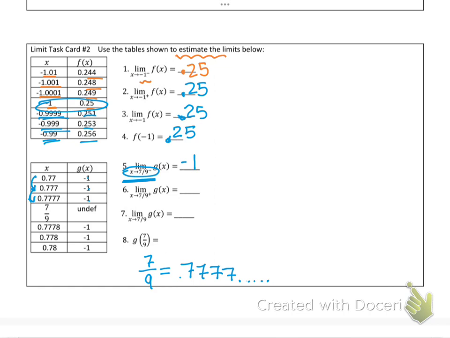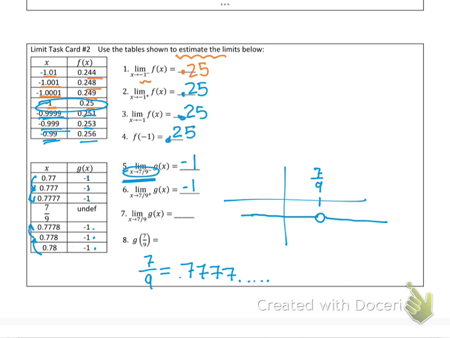From the right-hand side, same thing is happening. As we approach 7/9 from the right-hand side, our y values are still approaching -1. So kind of what this graph might look like is we would have the input 7/9 on the graph. So it looks like our outputs are probably around -1, except at 7/9 the function's undefined.